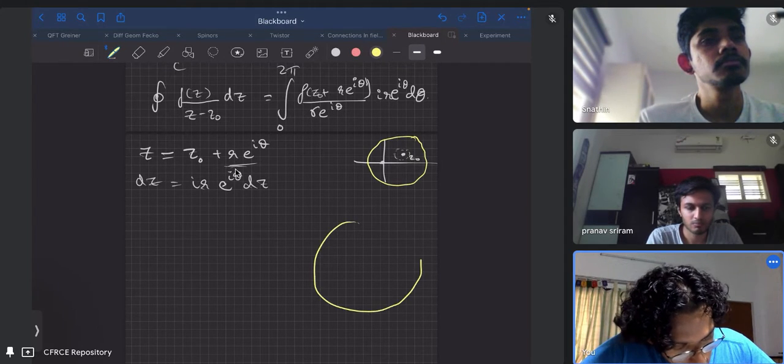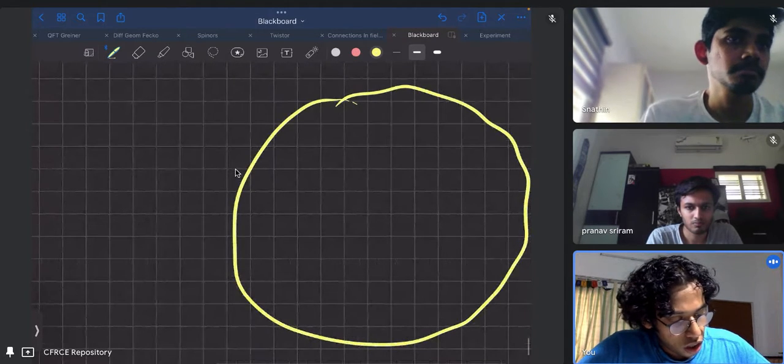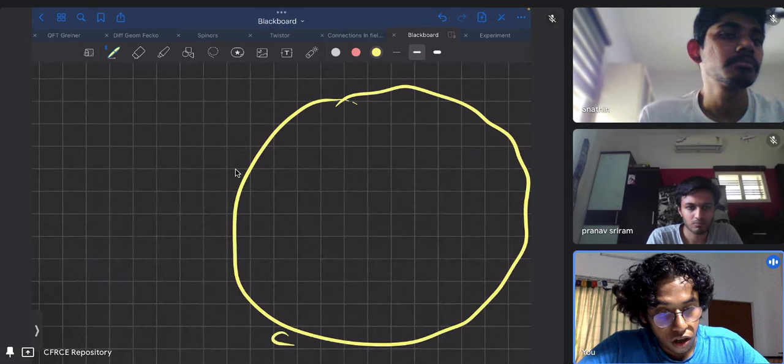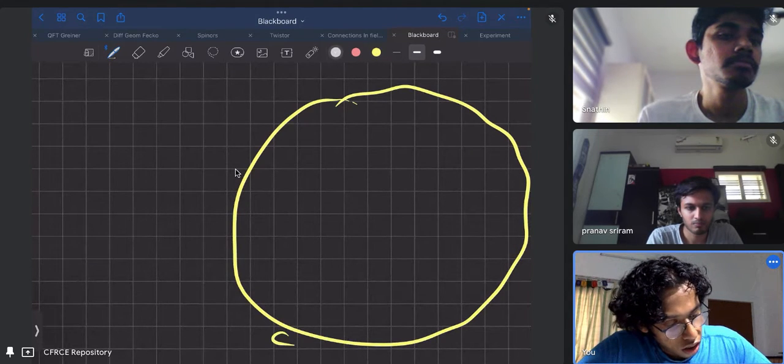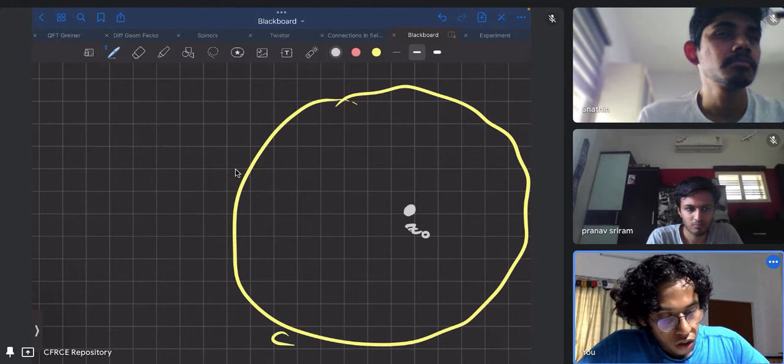Okay, so this is your contour C, and then you have some singularity here at z naught.